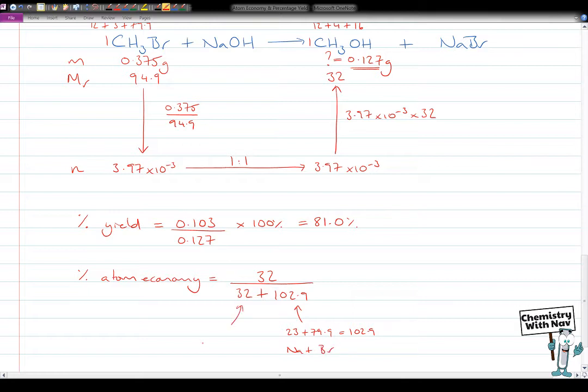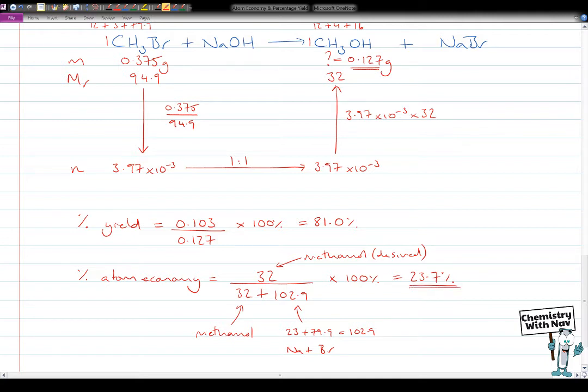That's just the methanol, so that's a combination of both of them on the bottom, and the methanol is the desired product on the top. Multiply this by 100%, gives me 23.7%.